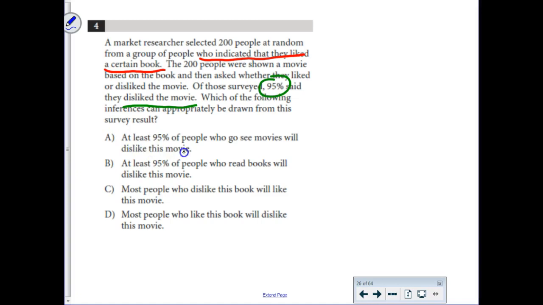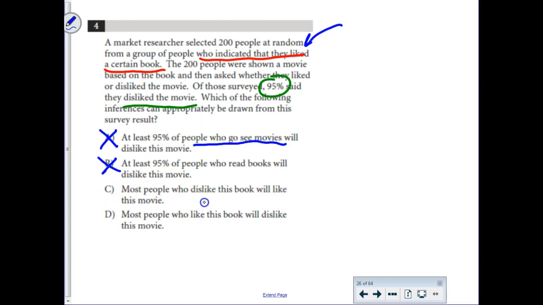So is it okay to say 95% of people who go to the movies will dislike this movie? That's not appropriate, because people who go to see movies has nothing to do with our initial population that we are looking at. At least 95% of people who read books will dislike this movie. I don't think that's appropriate either, because it's not that these people read books, it's that they liked this particular book, right? That's the issue.